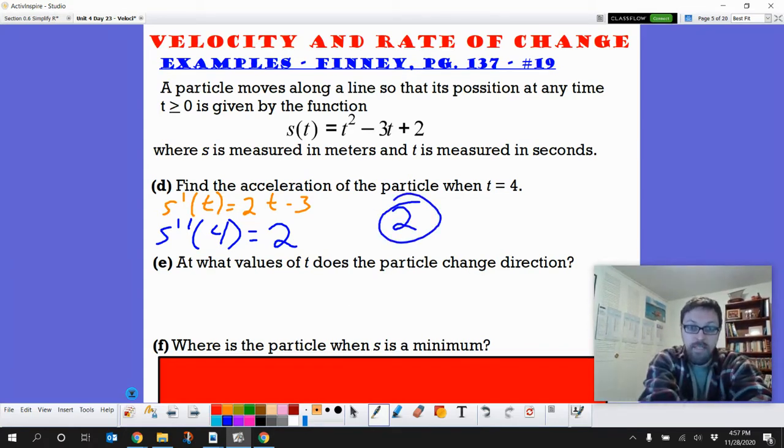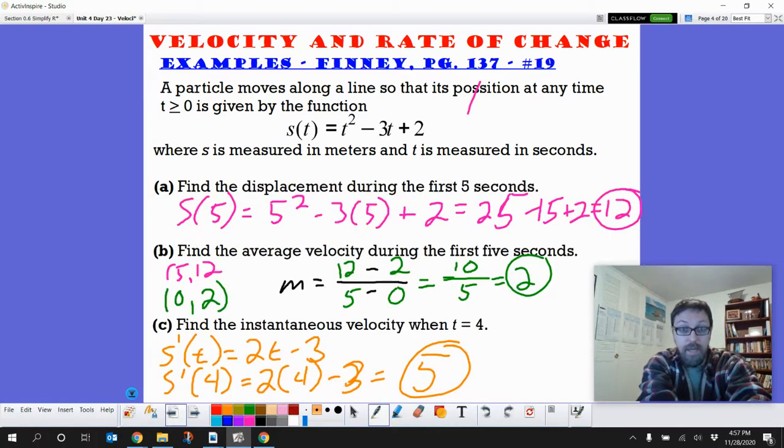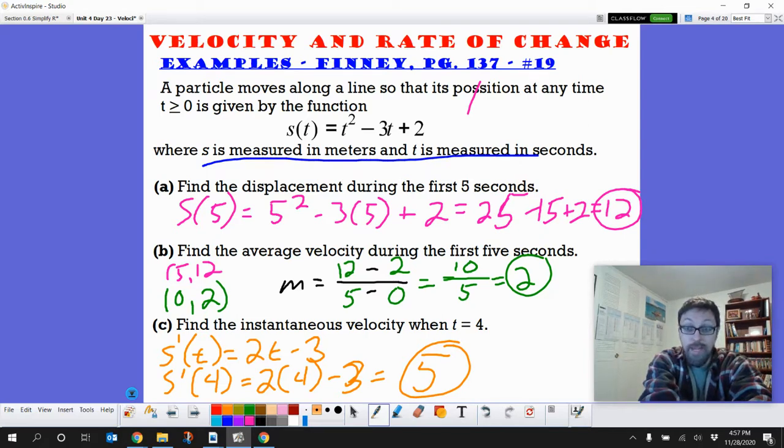Acceleration is in meters per second squared. That's one thing I missed in those other ones. Let me go back and add that, because we do have units. So this is 12 meters. The average velocity during the first 5 seconds is 2 meters per second.